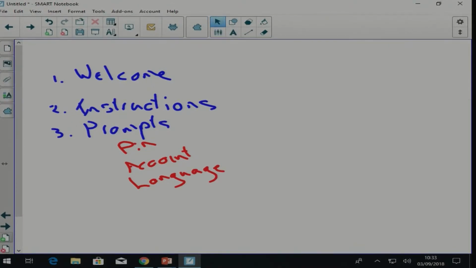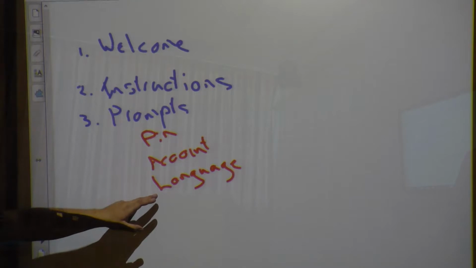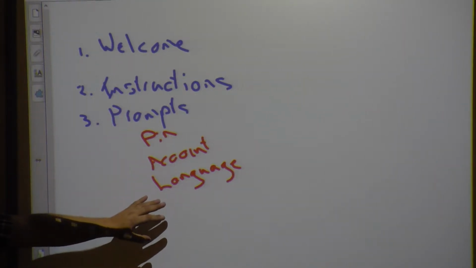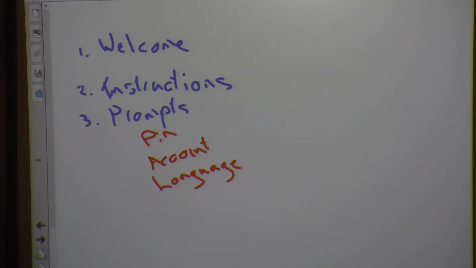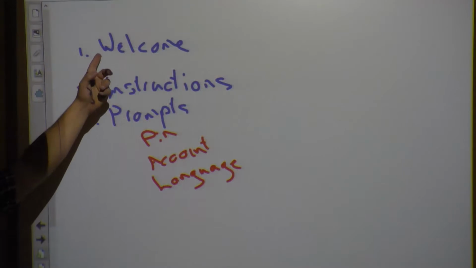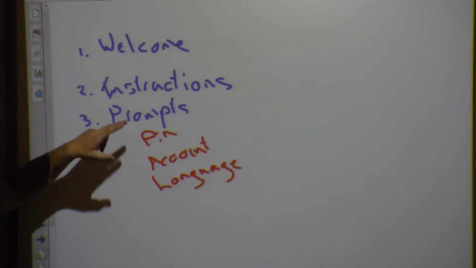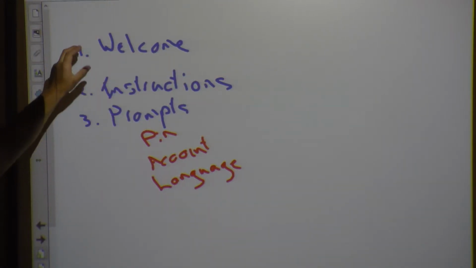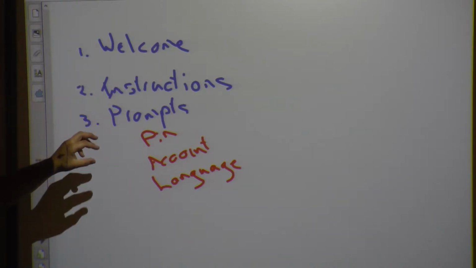Okay, so what are we seeing? On our prompts, we might have the PIN, the account, the language. These might be things which we're prompting the person for. And in my bank, they first prompt you for your language. Once you've inserted your card and gone through the welcome screen, the welcome screen displays the instructions.